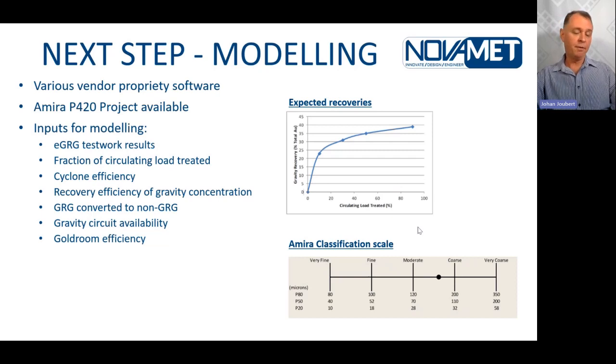The more you go left to the finer and the ultra fine, it's more difficult circuits, and that payback just becomes longer and longer. This model does have another benefit, though, that even if you have an existing plant installed, you can do this test work and give them this information for modeling. It will give you a very good idea of where you have pitfalls in your circuit and what to do to actually get your circuit to operate more efficiently.